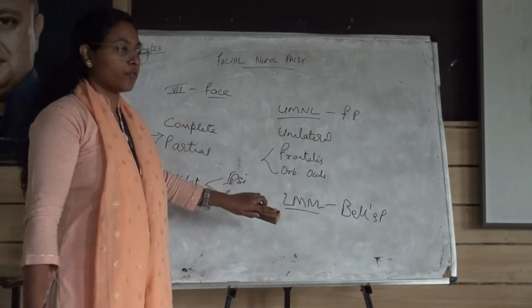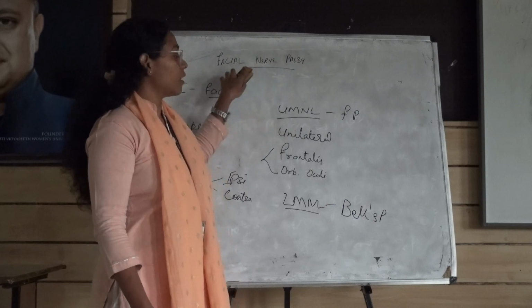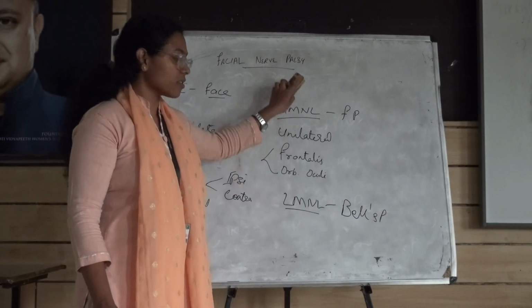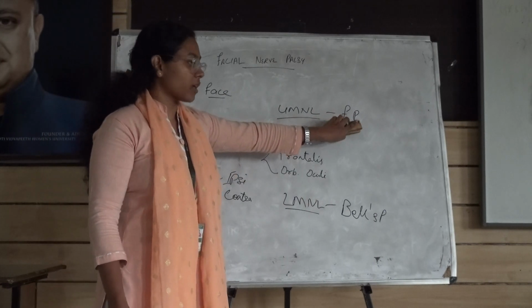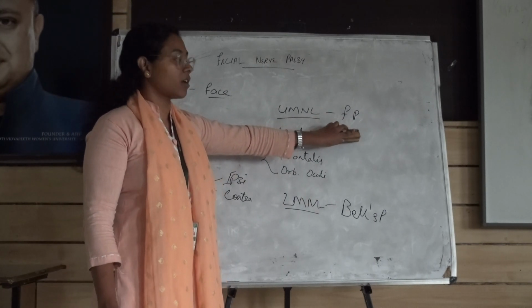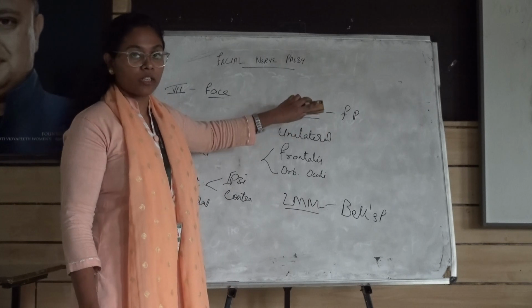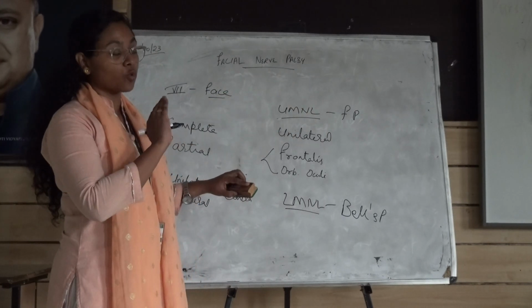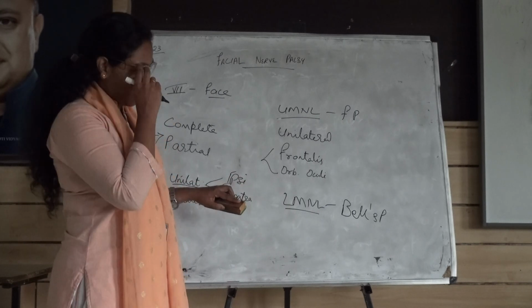People usually get confused that facial palsy, facial nerve palsy or Bell's palsy are the same thing. No, it is not the same, it is different, because if we say facial palsy, it's the upper motor neuron lesion. It affects the upper motor neuron, the supranucleus of the facial nerve.